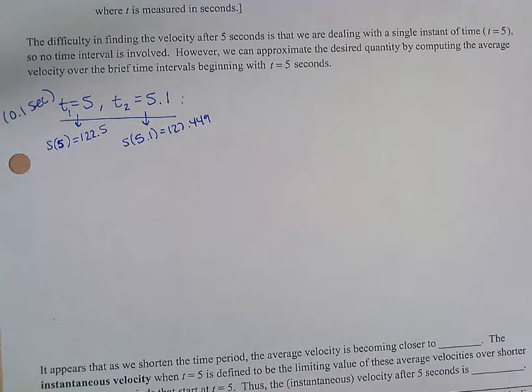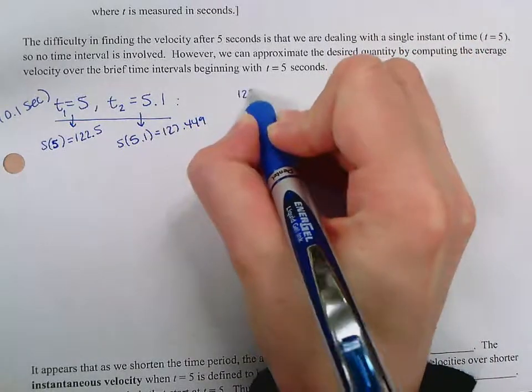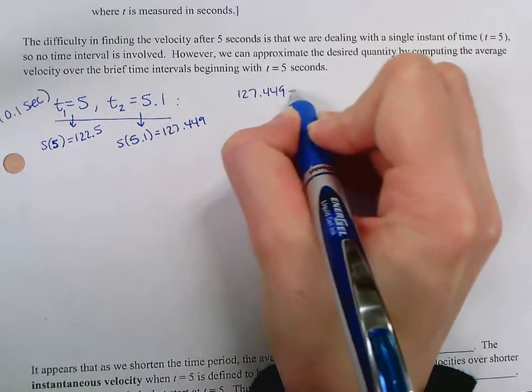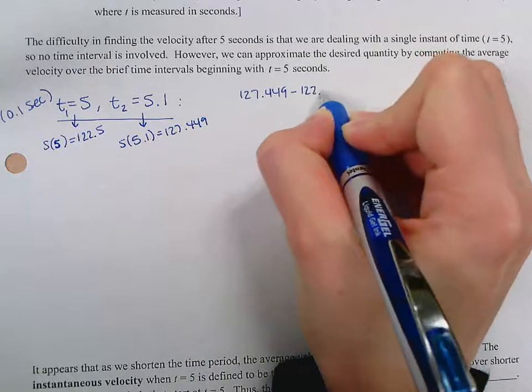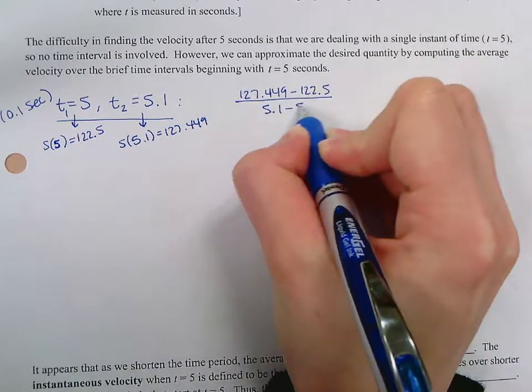Like I said, you can think of these as ordered pairs, and calculating an average velocity is like calculating a slope. Change in position over change in time is essentially the change in y over change in x. So I would have 127.449 minus 122.5 over 5.1 minus 5.